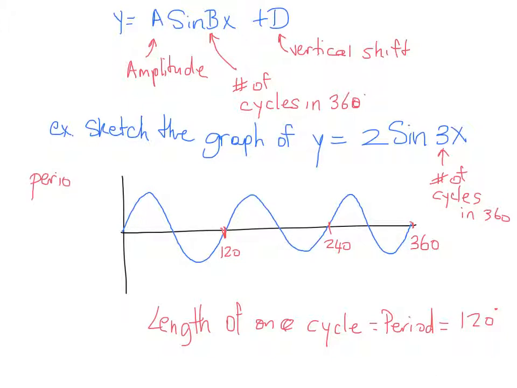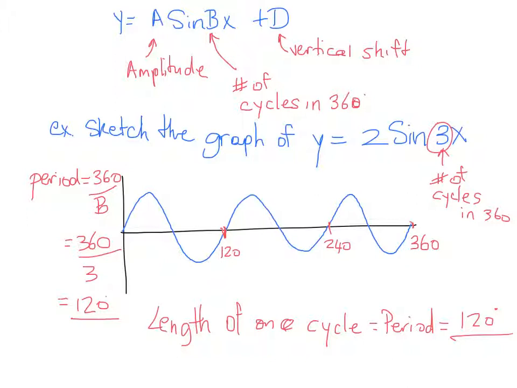Period is equal to 360 over b. In this case, our b value was 3, so it's 360 over 3, which is 120, which is in fact what we got our period to be. So that is how you figure out the length of one cycle.